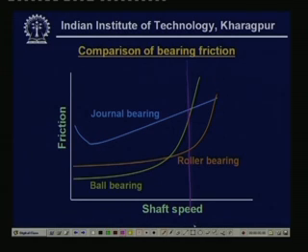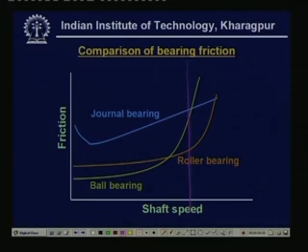Now, there are of course some advantages and disadvantages as far as friction is concerned. We need not discuss that, you can just see from this figure. In other respects, ball and roller bearings are relatively costly, take a little more space, and require seats to be manufactured over the shafts so that the bearings can be properly fitted.